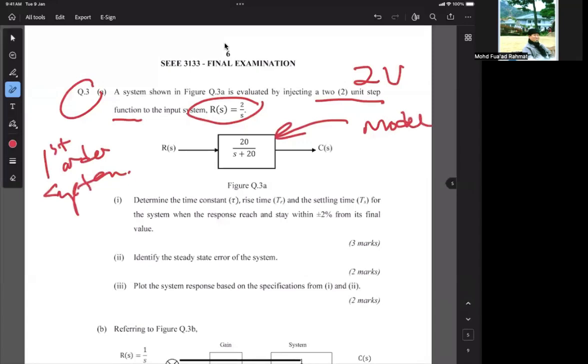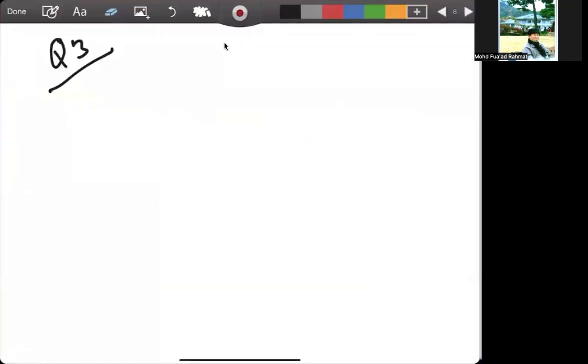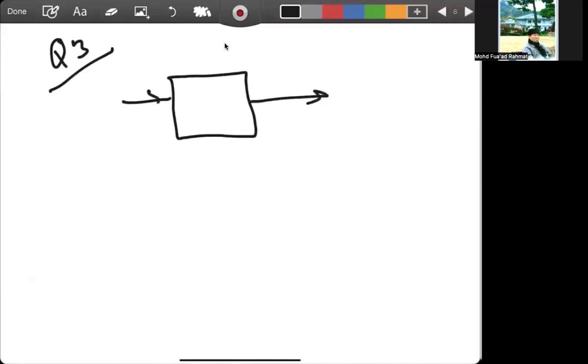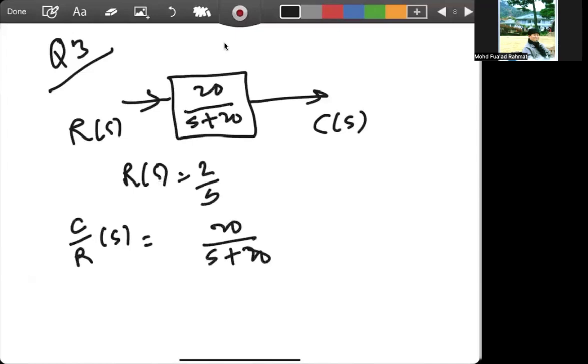Okay, so we draw the diagram, where C over R is 20 over s plus 20.